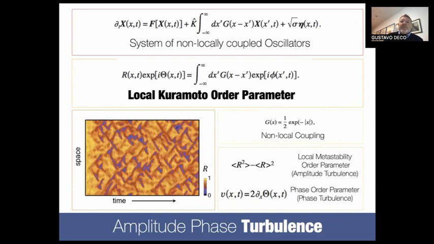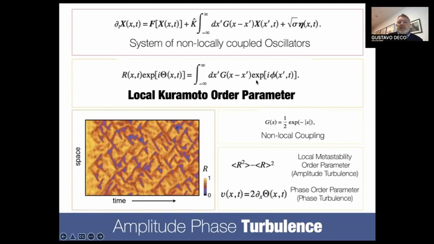A key concept for trying to apply all these ideas in the context of neuroscience is based on another genius, Kuramoto, who basically found a way of extending the concept of turbulence to a non-hydrodynamic system, which is in our case, for example, the brain. The idea is very simple.